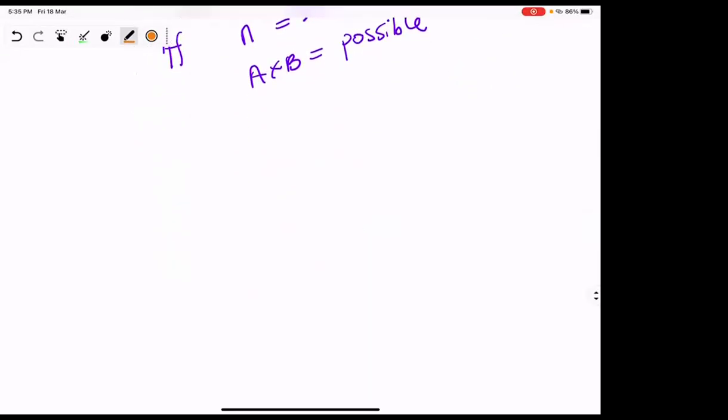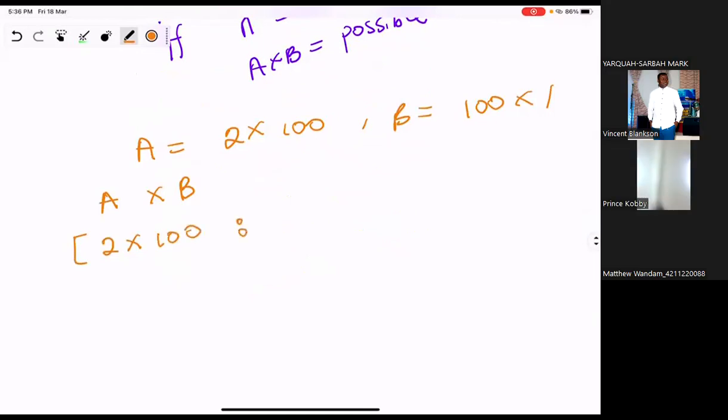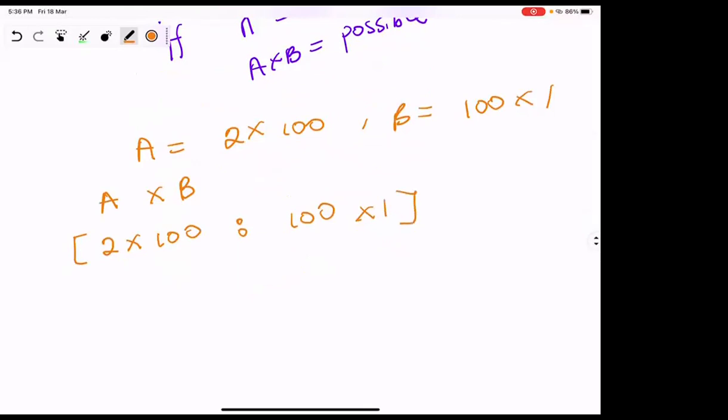So given that the dimension of matrix A is 2 by 100, and the dimension of matrix B is 100 by 1, to determine if A times B is possible, we write down the dimensions of the two matrices, 2 by 100, against the dimension of the second matrix, 100 by 1.